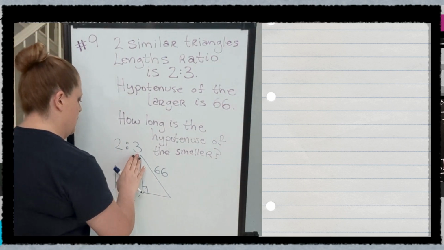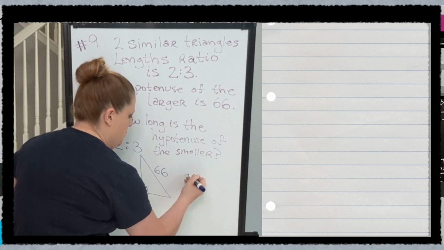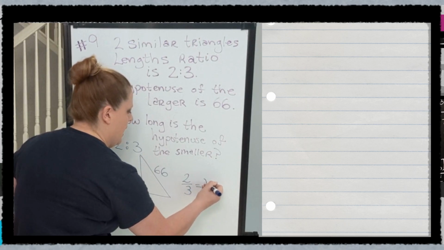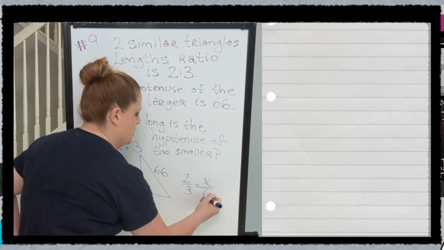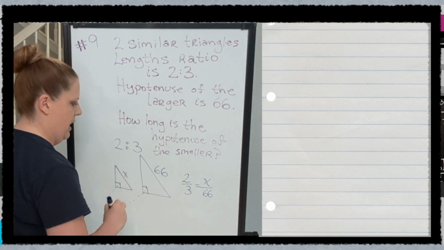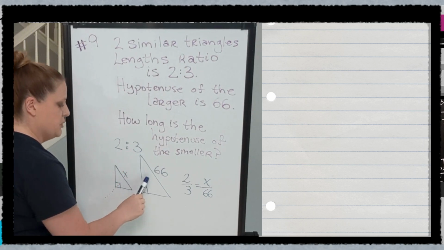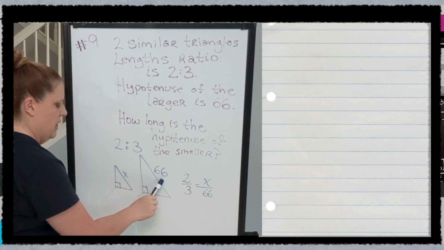Okay. So if we're in a ratio of 2 to 3, 2 is to 3 as X is to 66. 2 relates to 3 as X relates to 66.